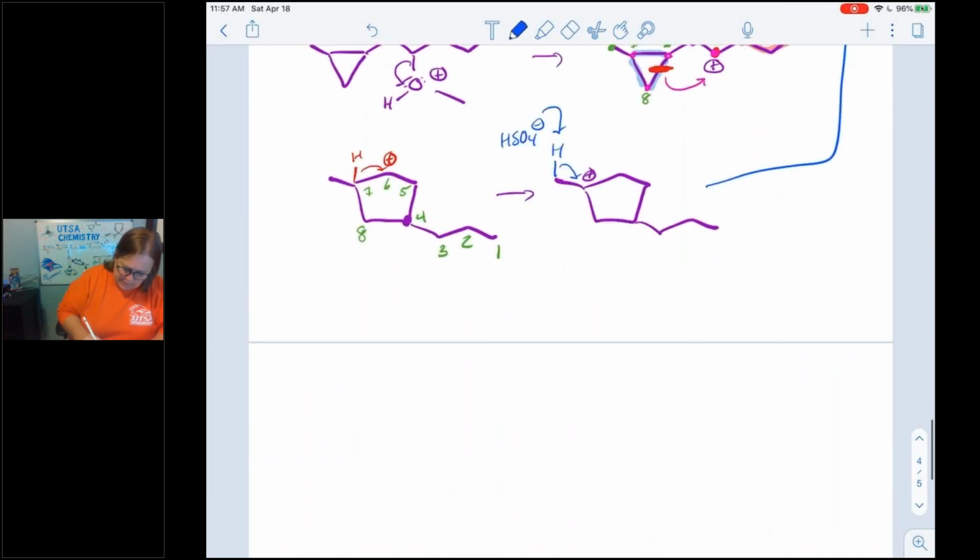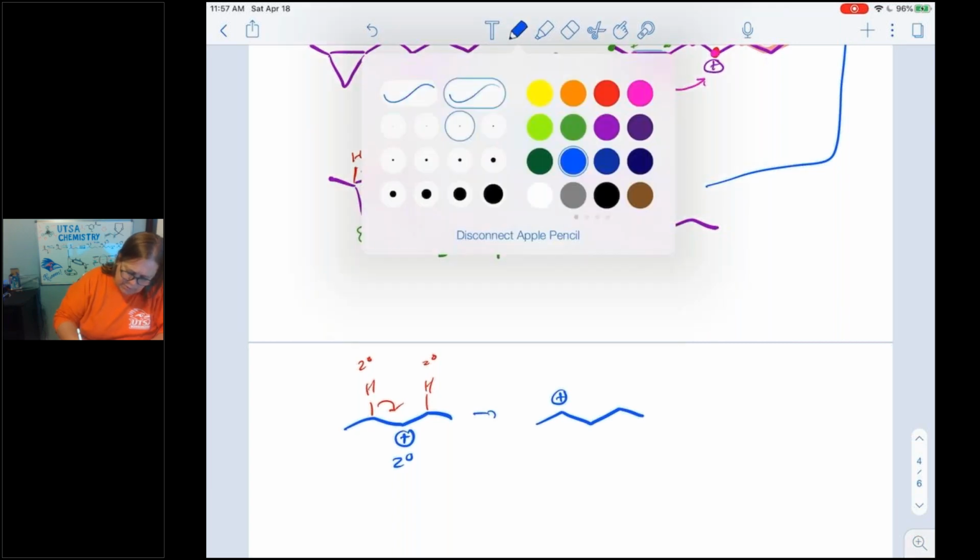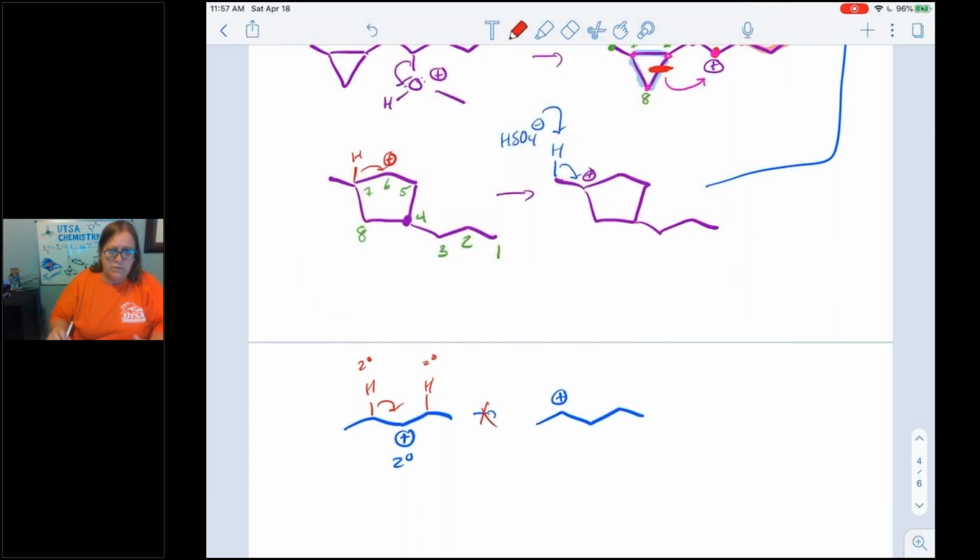So if I have something like this, a secondary carbocation, but both of these hydrogens are secondary as well, if I do a hydride shift, what do I gain energetically? Nothing. I went from secondary to secondary. And so this is not observed.